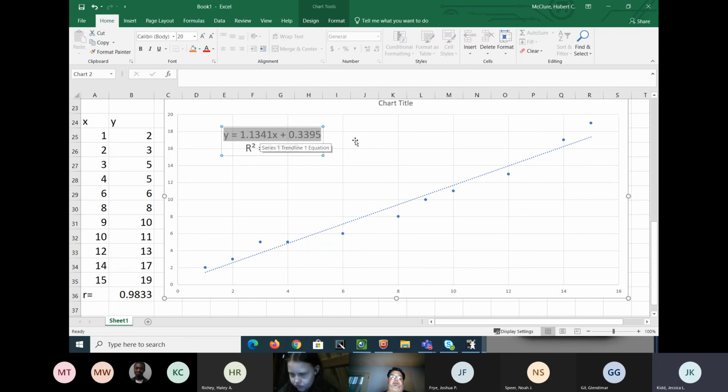Y is equal to mx plus b. Yes. And b is 33.95, yes. And R squared is 0.9669. Yes, sir. Okay, and R should be 0.9833. Yes, sir. Okay.